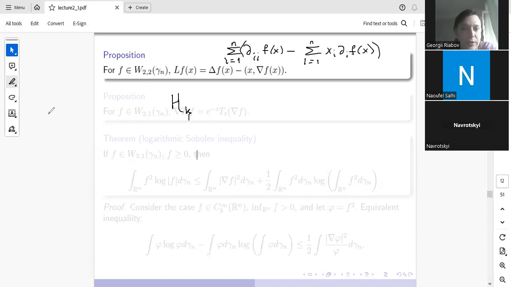So hk double prime of x minus x hk prime of x. This is equal to minus k hk of x.